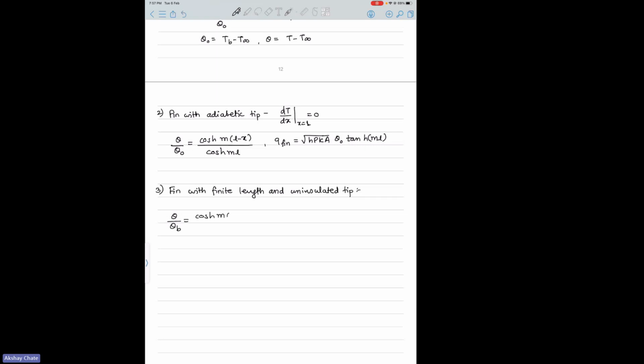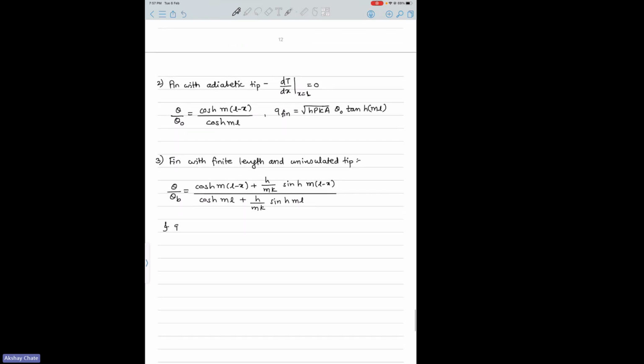cosh m(L minus x) plus h by mk sinh m(L minus x) divided by cosh mL plus h by mk sinh mL.